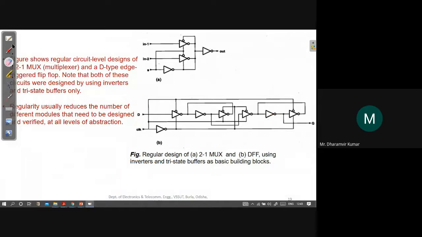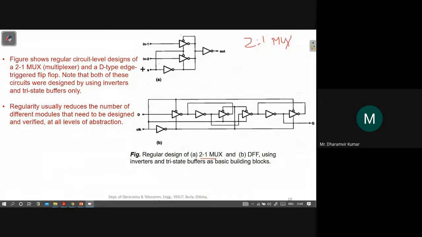For example, look at this example. This figure shows a design of a 2:1 mux. This is a 2:1 multiplexer. A multiplexer is a circuit which passes only one of the signals from the many available input signals to the output, and which signal will be passed is decided by a control signal or select signal.